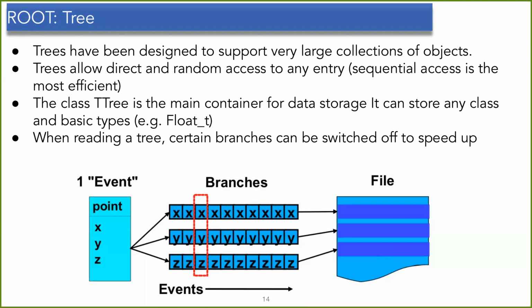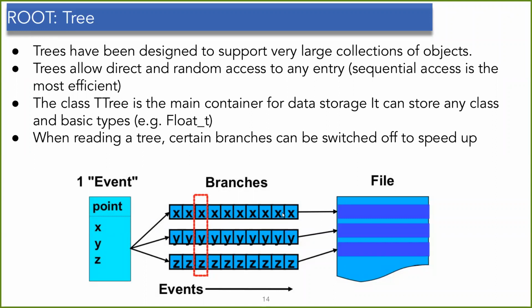Now the tree is the main container of data storage, and I have already mentioned that it can store any type of basic ROOT objects. When you store this data, you store it in several branches. For example, here XYZ corresponds to three event variables, so you can store them in three different branches.